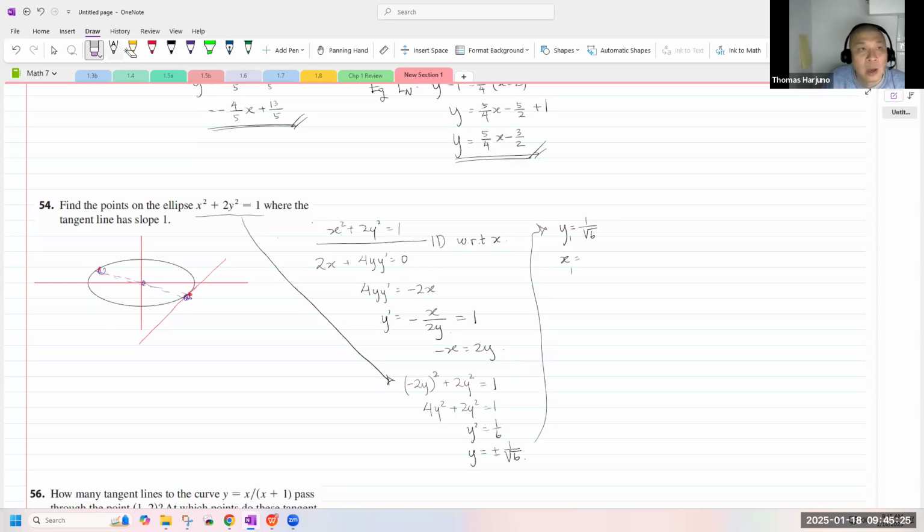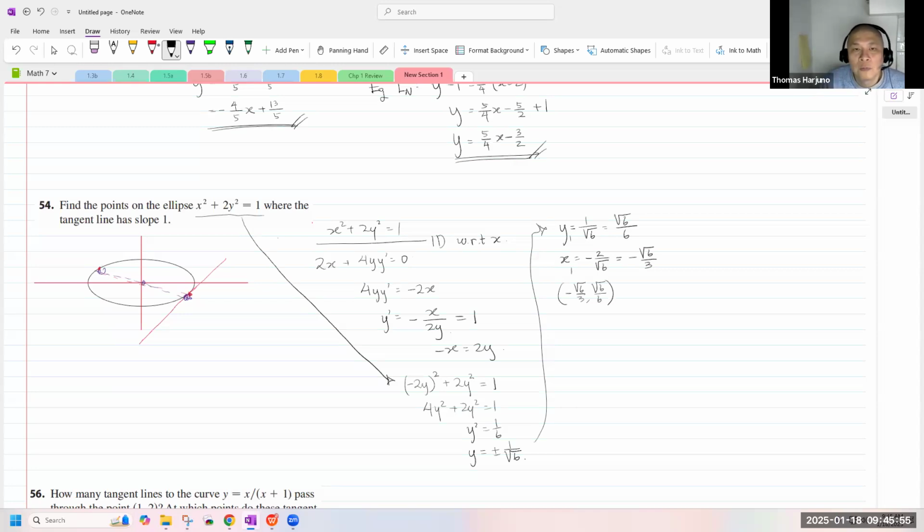So multiply by negative 2, so this is negative 2 over square root of 6. Let me rationalize this. So that will be negative square root of 6 over 3. So this is one of the coordinates: negative square root of 6 over 3, square root of 6 over 6.